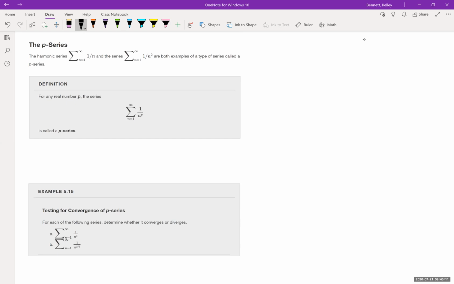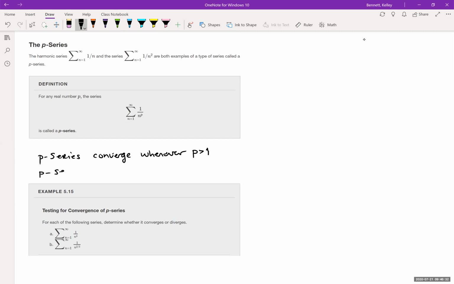And we know that P series converge whenever P is strictly bigger than 1.